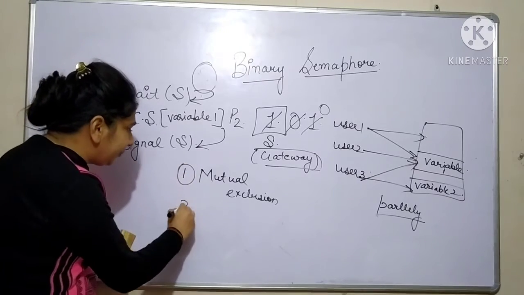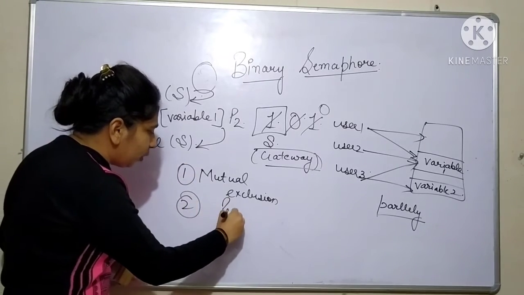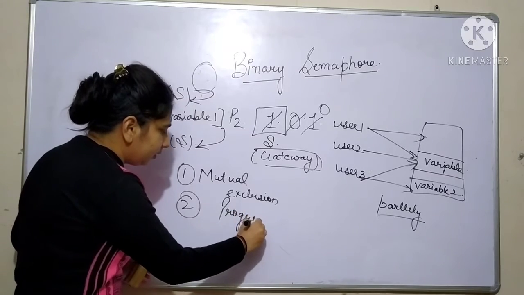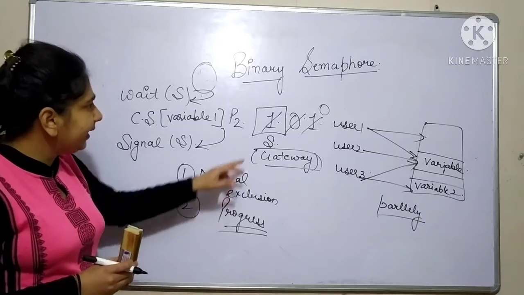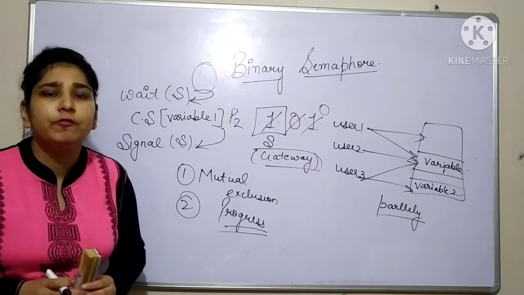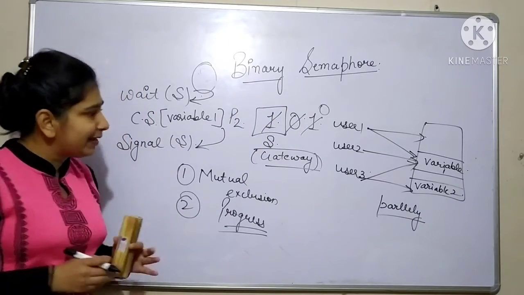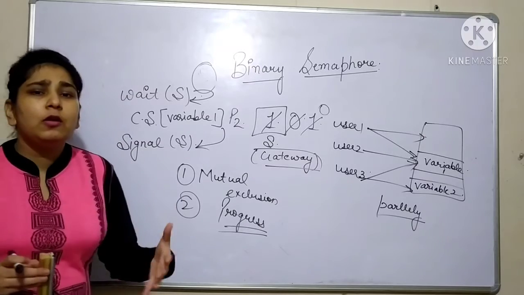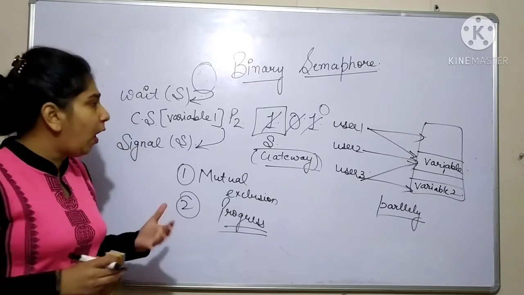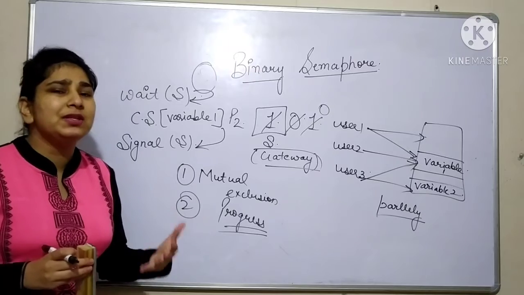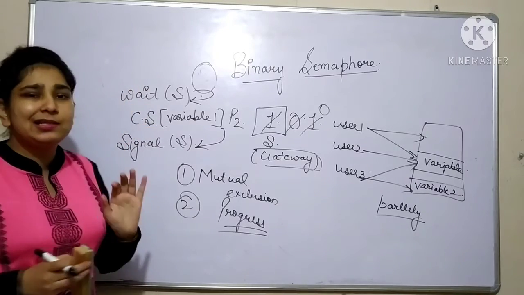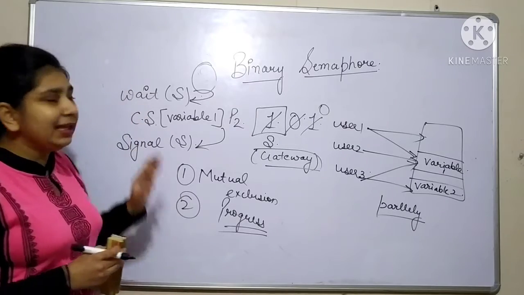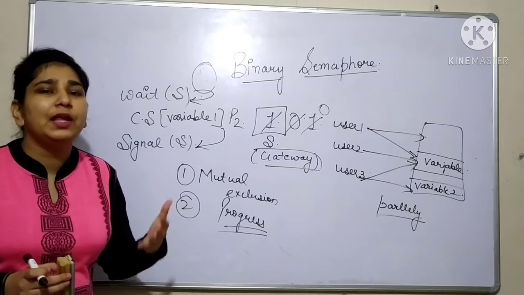And the second property, progress, also holds in binary semaphore. Progress means all of your processes, all of your user requests are independent. They can enter into the critical section in their own way whenever they want.